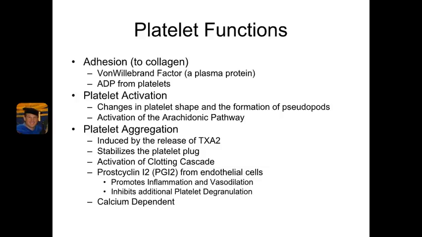When it comes to activating, remember, they're going to change their shape, and then they're also going to express those adhesion molecules. And then you're going to get activation of the arachidonic pathway. So arachidonic acid, in the presence of cyclooxygenase 1, is going to release thromboxane A2, which is a form of prostaglandin.